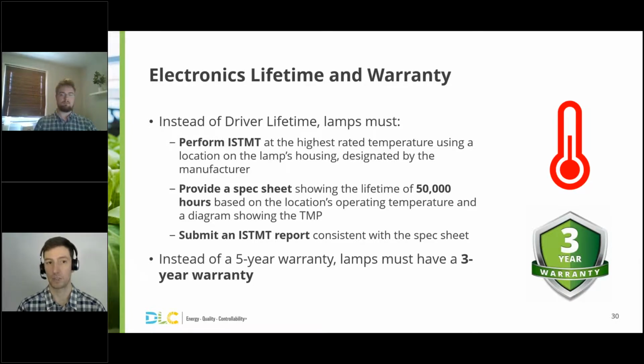Then they provide a spec sheet showing that the lamp meets the lifetime requirement of 50,000 hours based on that location's operating temperature, and also a diagram showing that temperature measurement point, the TMP. If you're familiar with the driver lifetime requirements for luminaires, this is modeled after that, and it's very similar, but tailored for lamps with this different style of electronics.